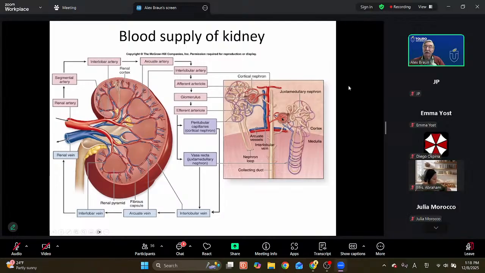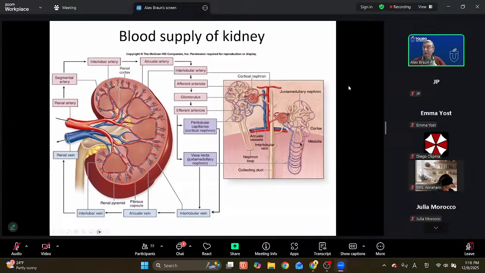The efferent arteriole of the juxtamedullary nephron here gives rise to a capillary plexus, which dives down into the medulla and forms these parallel descending and ascending limbs. This capillary plexus arising from the efferent arteriole of the juxtamedullary nephrons is the vasa recta.